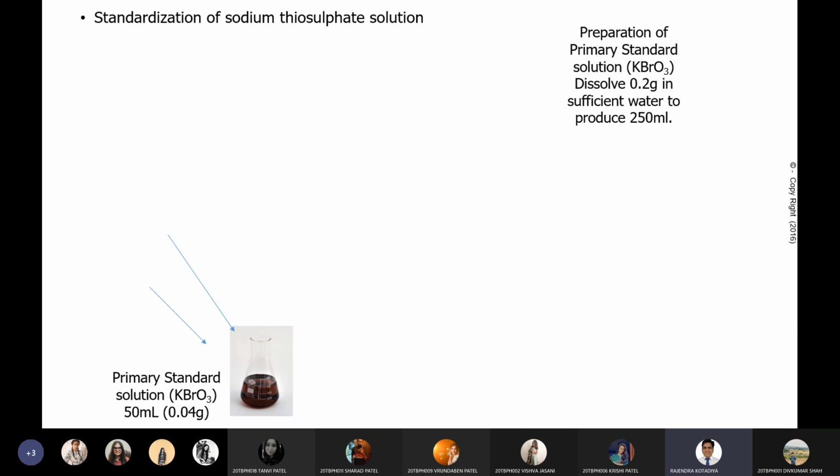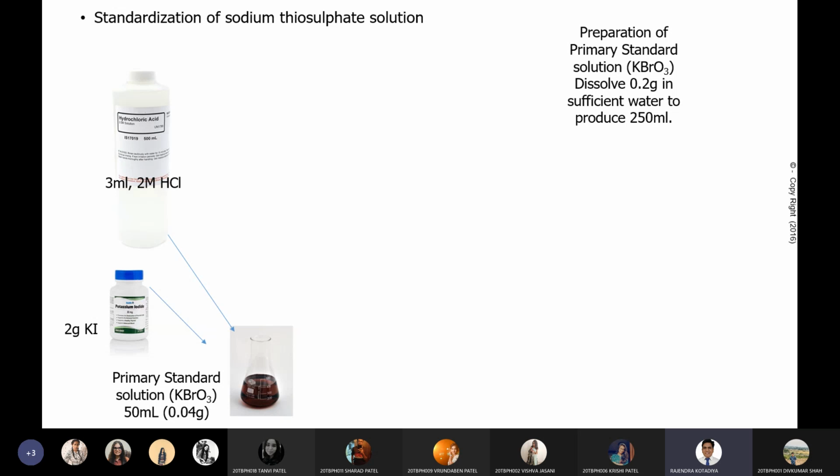Along with it, we need to add 2 gram KI powder, meaning potassium iodide, and we need to provide an acidic medium by adding 3 ml of 2 molar HCl solution. So this will be our conical flask. Now in this case we'll start titrating with our prepared solution.